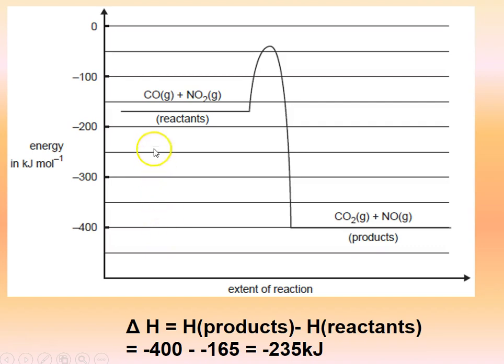Going 100, 200, and that's 65, then there's 40, then there's 35 here, so it'd be 235. So you can see that that gap is 235. This is getting all fancy. Negative, take away a negative is positive, so you're adding on that, so it's negative. It's negative because it's exothermic.